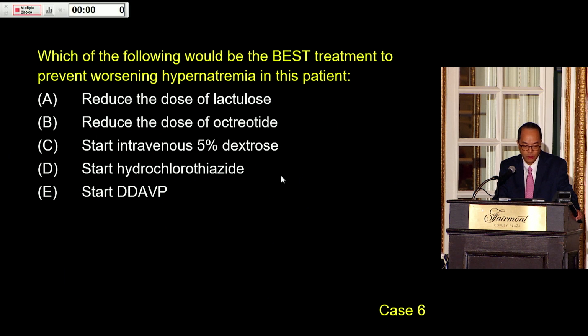And the question for you is about hyponatremia. Which of the following would be the best treatment to prevent worsening hyponatremia in this patient? Is it to cut down the dose of lactulose, octreotide, start some 5% dextrose, start hydrochlorothiazide, or start DDAVP?